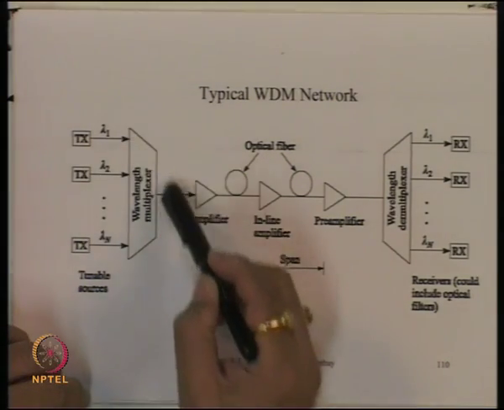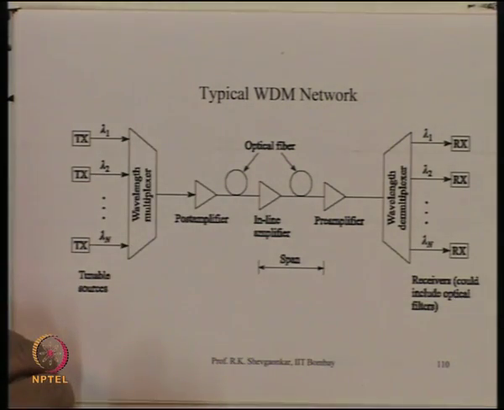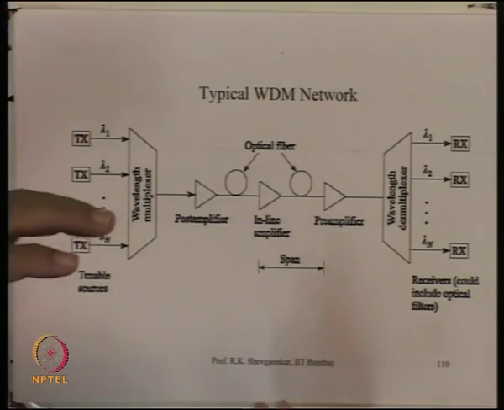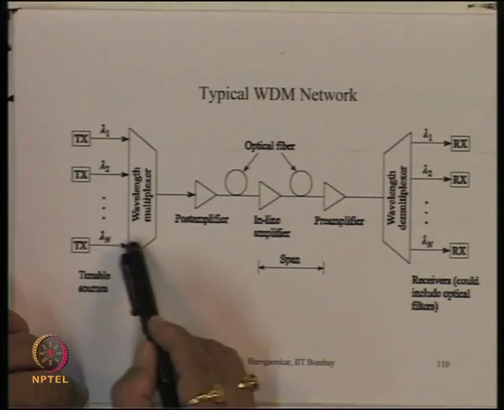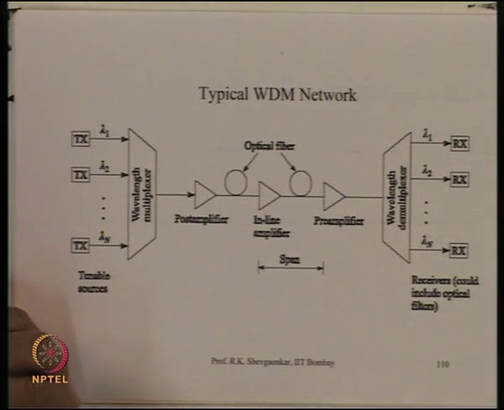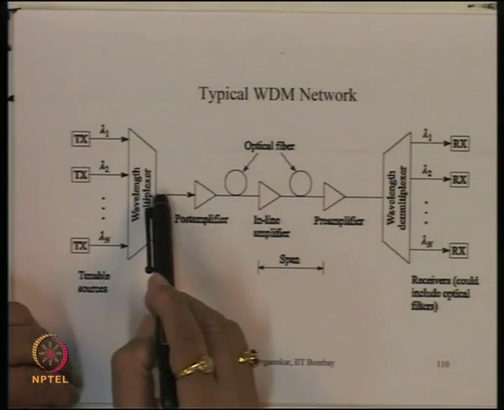Then we have a device here called the wavelength multiplexer or a power combiner, where all these wavelengths are combined and you get one multiplexed output, and this is given to the optical fiber.